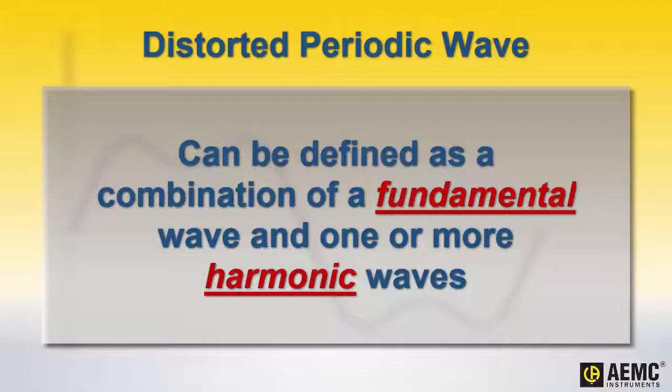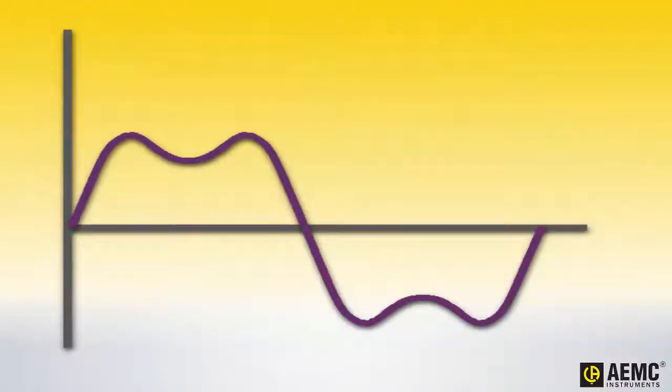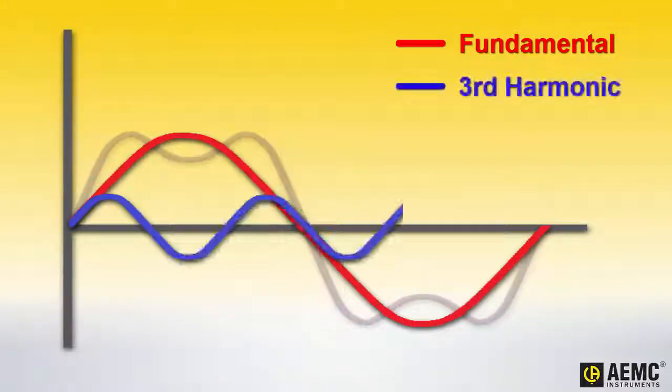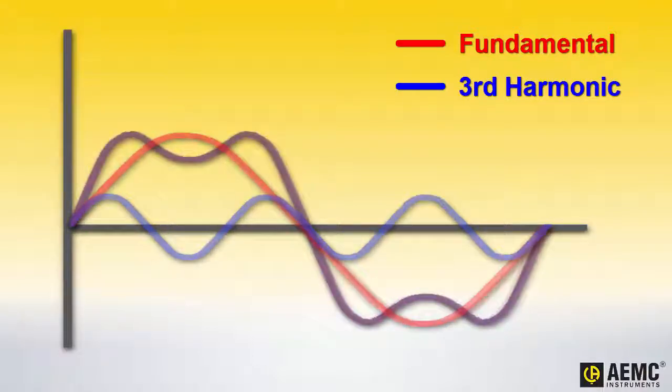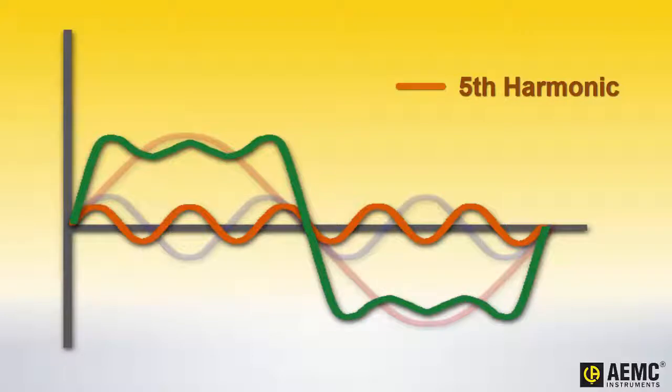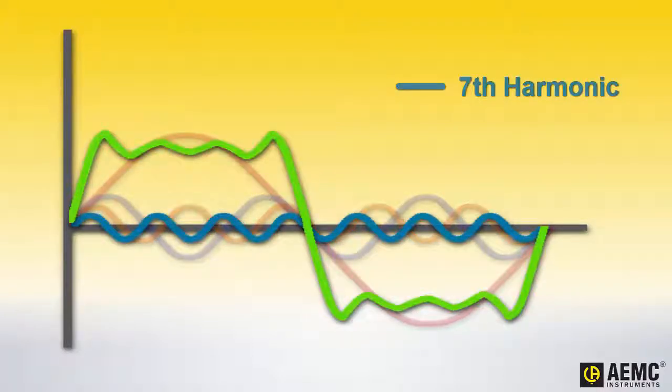For example, our illustration can be deconstructed into two waves, the fundamental wave and a harmonic wave whose wavelength is 1/3 the fundamental. This second wave is therefore called the third harmonic. The combination of these two waves, the fundamental and the third harmonic, produces the distorted wave shown in our example. Adding additional harmonics results in further distortion in the waveform.